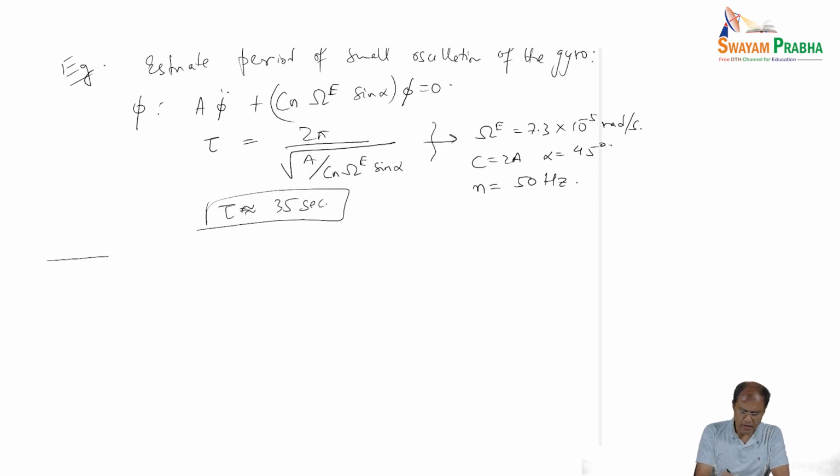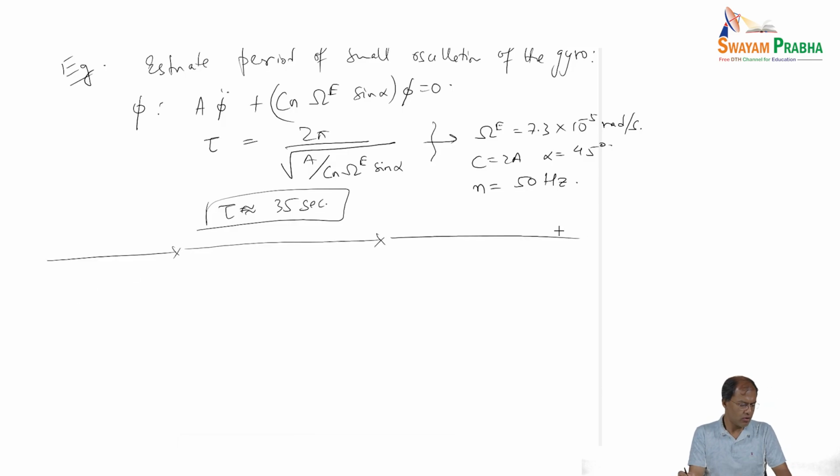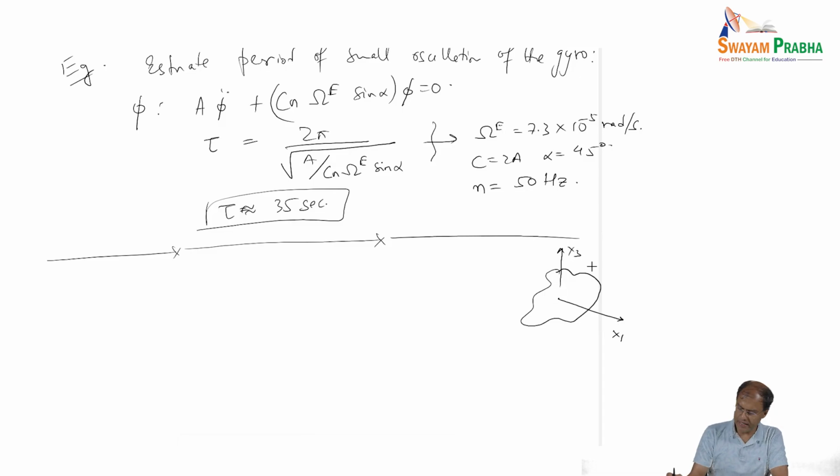Okay, so now we can talk about the Euler angles again. We are coming back to our description of Euler angles. Let us say we look at an axis x1 which is embedded in the rigid body itself.